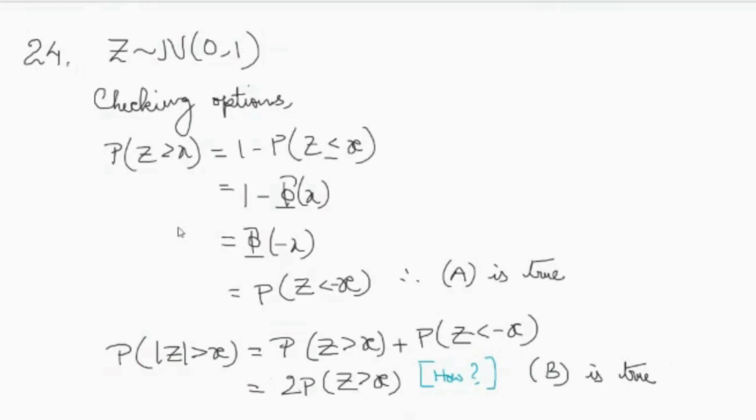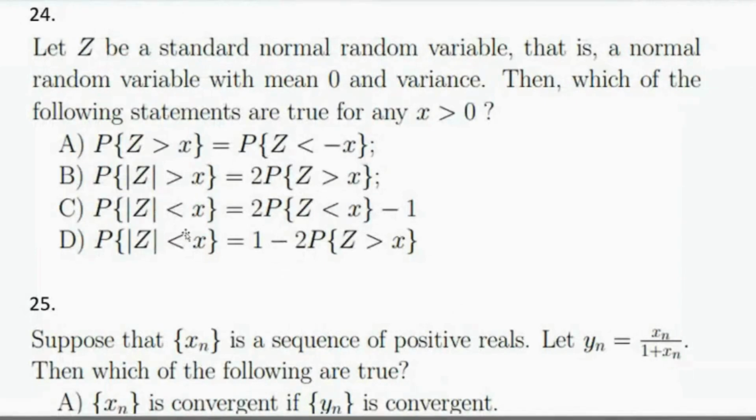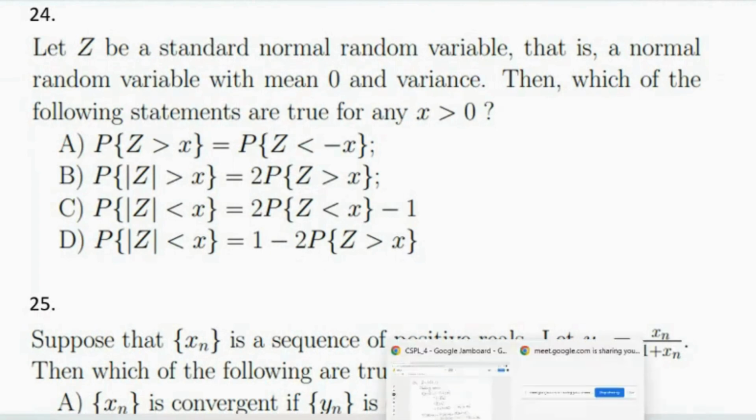So probability Z greater than x can be written as 1 minus probability Z less than or equal to x, which is 1 minus capital Phi of x, which is capital Phi of minus x. And obviously, capital Phi of minus x is defined as probability Z less than minus x. So A is correct.